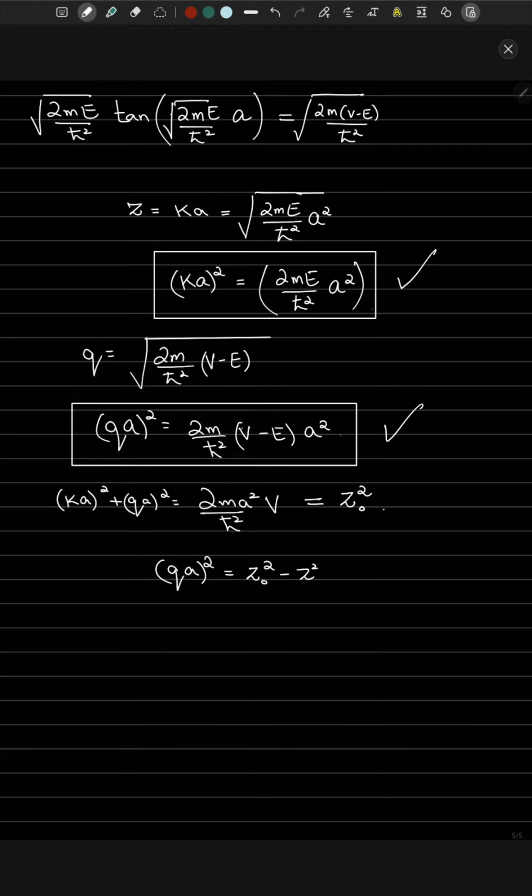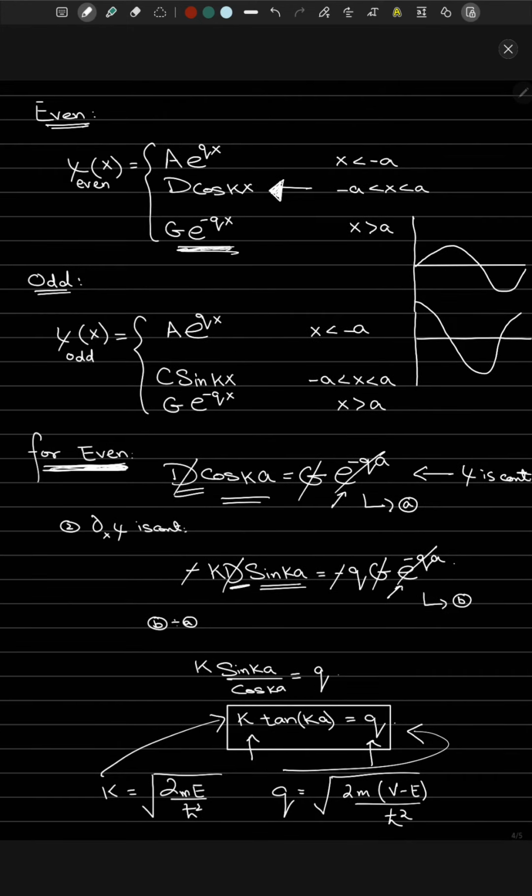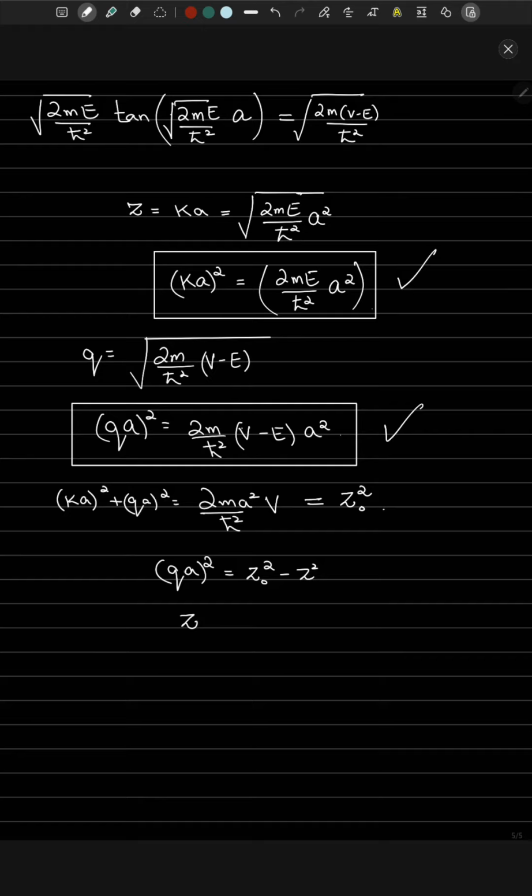And this then allows you to write your transcendental equation basically as, if I go back over here, this was your transcendental equation, and if I have this, I can multiply a on both sides. Let me just write it down over here again. Your transcendental equation is: k a tan ka is equal to q times a.